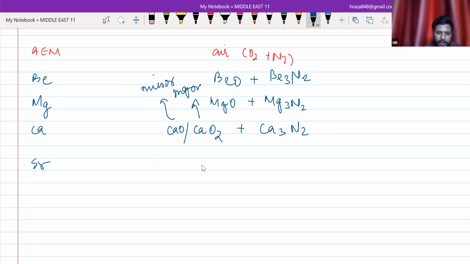What about strontium? Strontium will also form SrO2 or SrO. The peroxide will be minor, but with nitrogen, it will form nitride. What about barium?